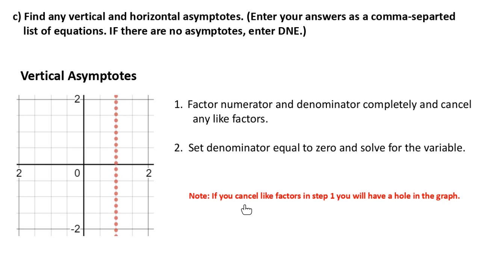Now, if you cancel any like terms in step number 1, then we're going to have what we call a hole. Okay. So when you graph your graph, it might look something like this. So let's say this is my asymptote, and then I have my graph here. And if I have anything that cancels, my graph might have an open circle. So a hole just means an open circle at that point. Okay.